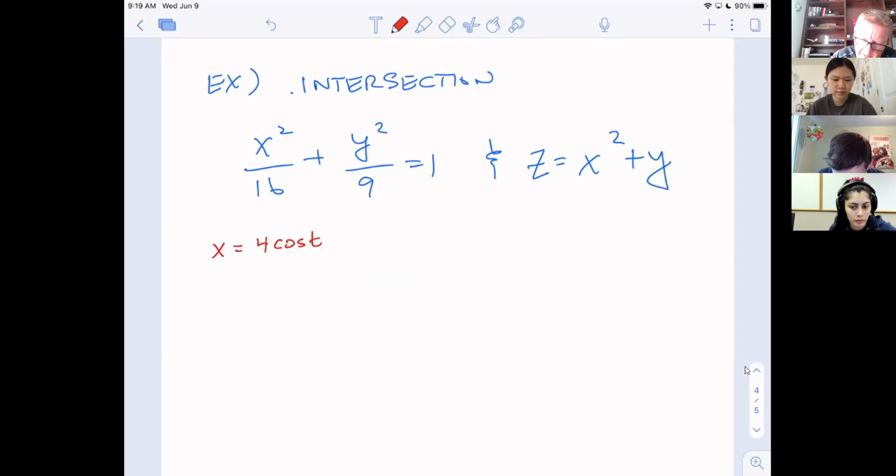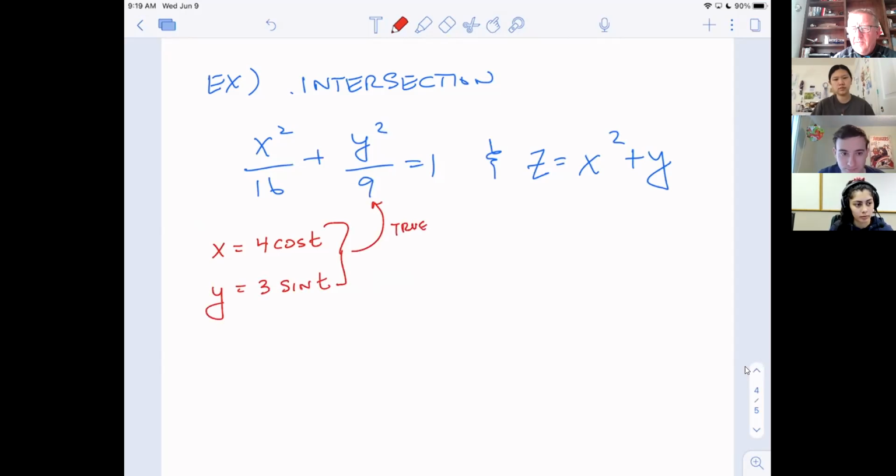If I then proceed to do the same thing with y, I want you to notice that this is actually a true statement. Do you see that? It's a very, very surprising choice for x and y here. But notice what they do. I'll write it out.